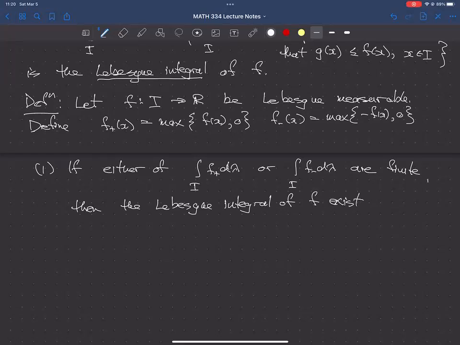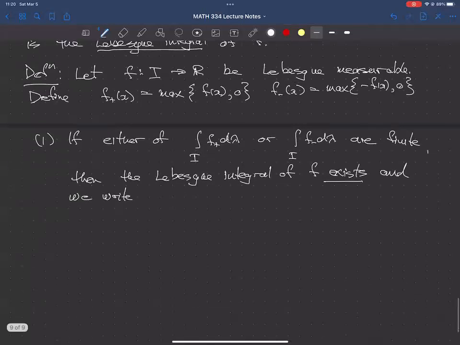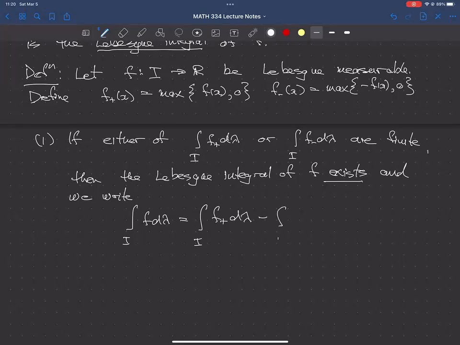And we write the integral over I of f d lambda to be the integral over I of f plus d lambda minus the integral over I of f minus d lambda, as the Lebesgue integral of f.